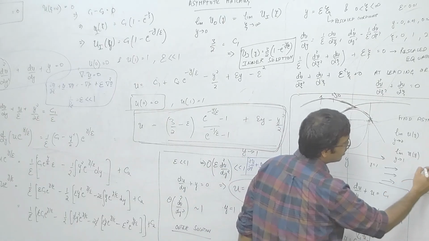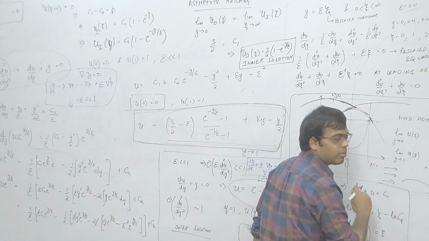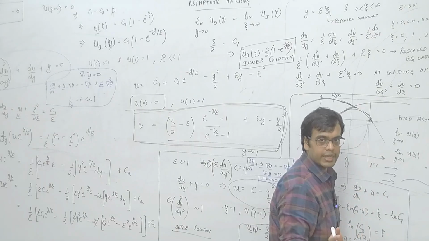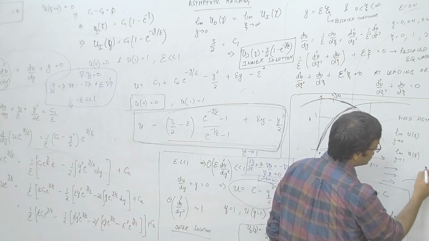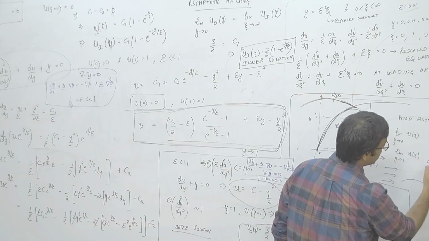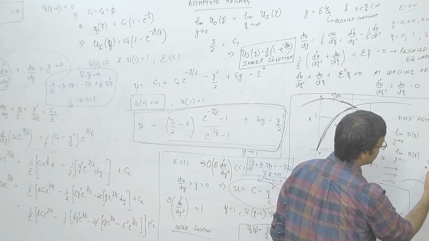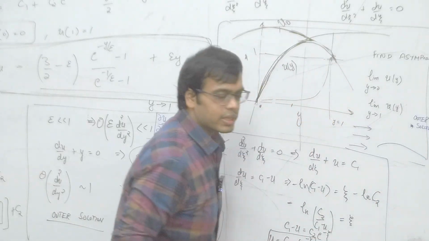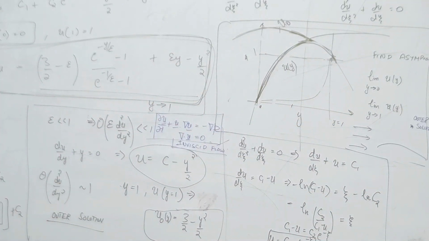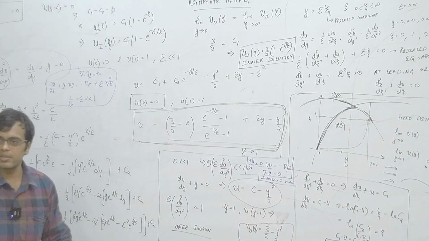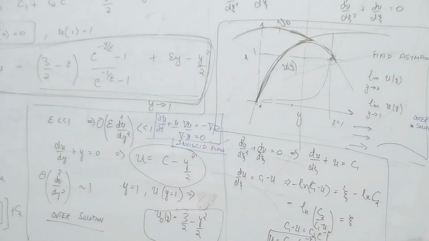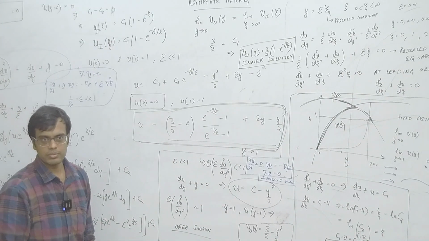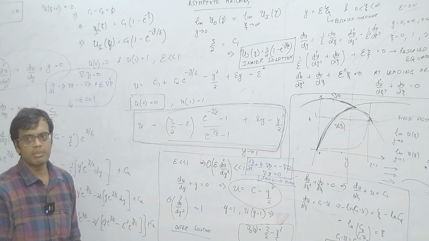So if you are somewhere far away from the boundary, where you can take the same length scale in x, y, z coordinates, then your outer solution will be valid. What that means is that far away from the boundary you can assume your flows to be inviscid in nature, provided that your Reynolds number is large.